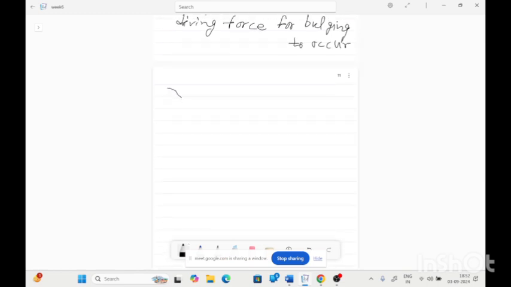So the final formation will be of this type, means these are the serrations, means the deformation bands form near the subgrains.